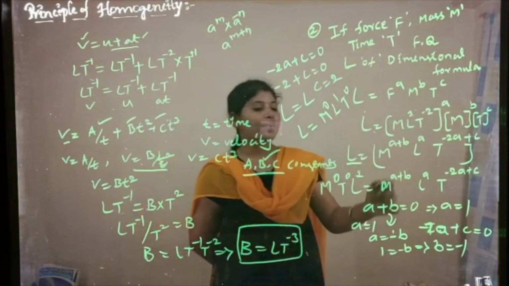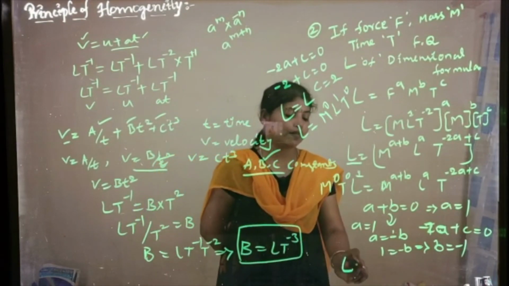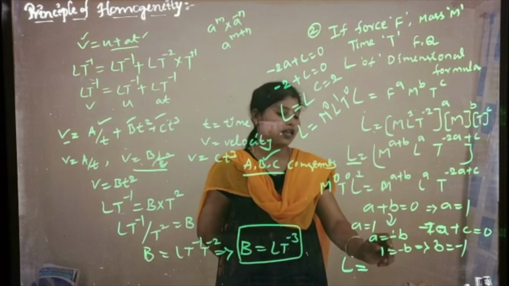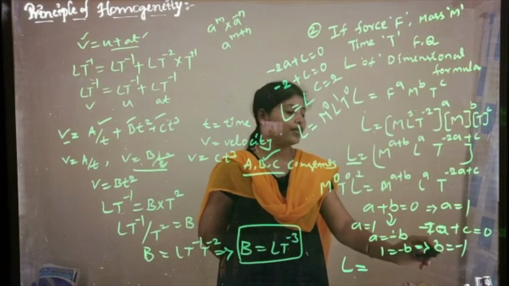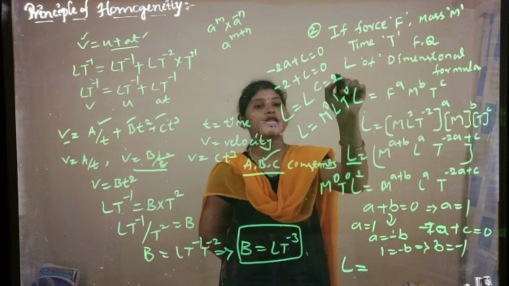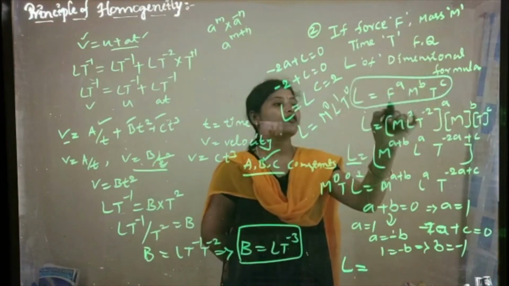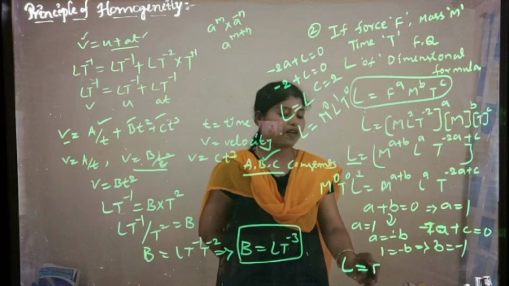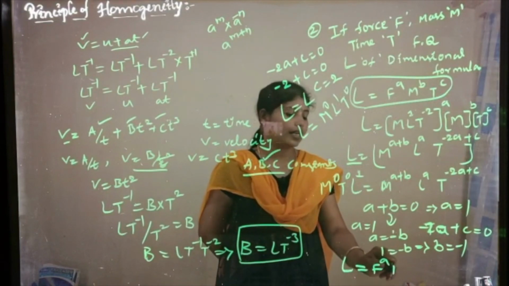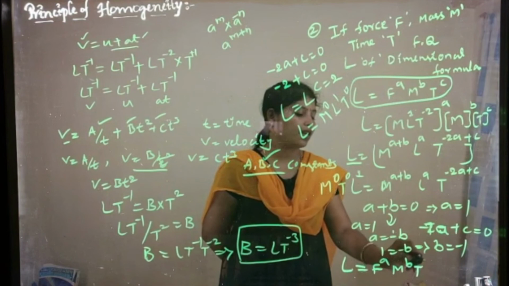Finally we get a equals 1, b equals minus 1, c equals 2. So what is the formula of length in terms of F, M and T? It is F power a, M power b, T power c.